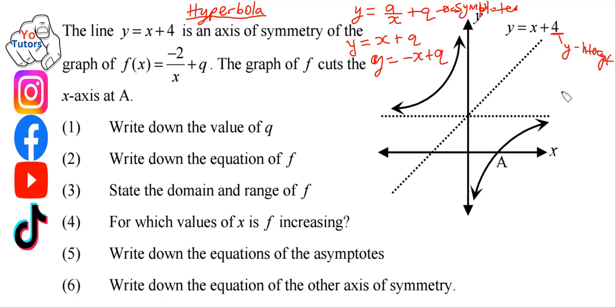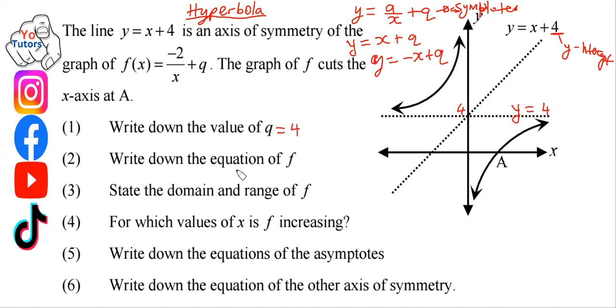If you remember from lesson 1 of functions, we spoke about this. This is a y value, on the y-axis, so y equals 4 there. So our q is equal to 4, because the line y equals 4 is an asymptote.